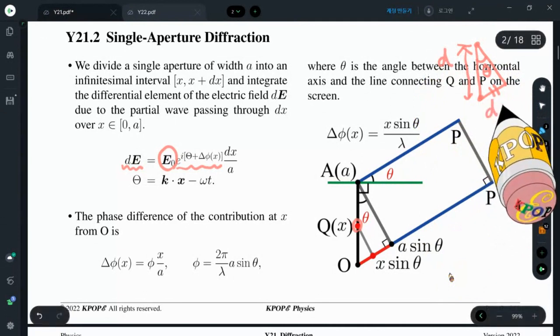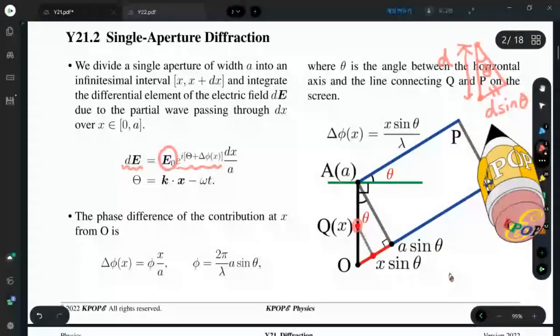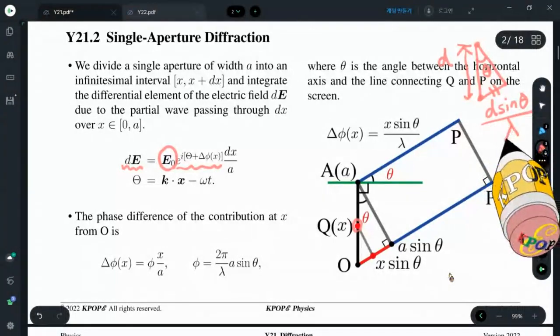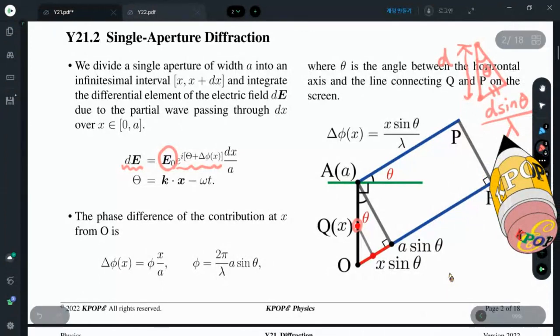So this d sine theta was the path length difference. Once you know the path length difference, then you divide it by the wavelength of the monochromatic wave.